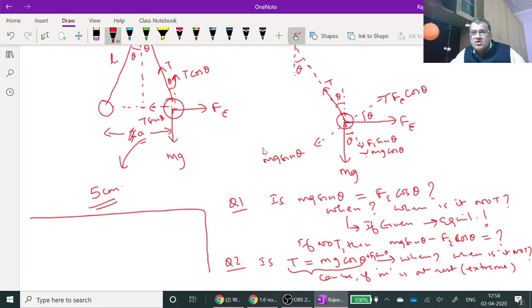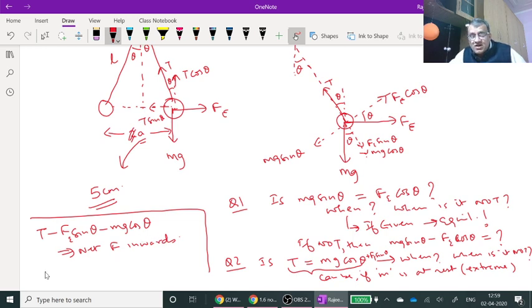If I go down, then this diagram won't be visible.